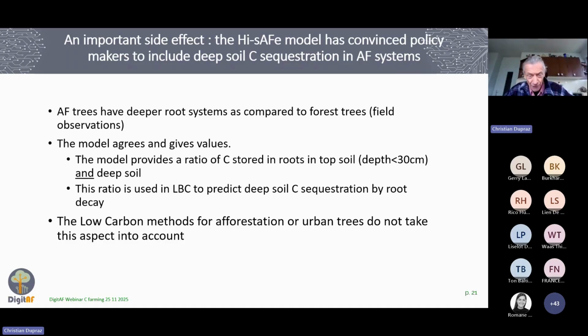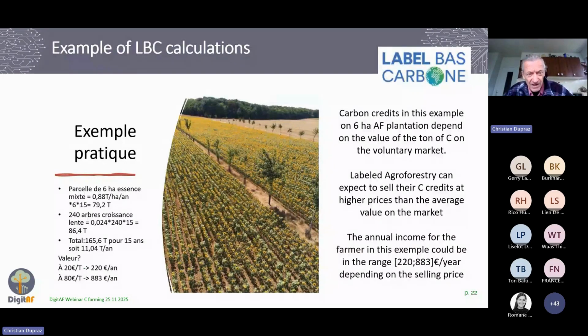So a very simple example of low carbon label calculation: if a farmer has a parcel of 6 hectares with some agroforestry systems, it could provide him with carbon credits, which depends on the value of the ton of carbon on the voluntary market, of course.